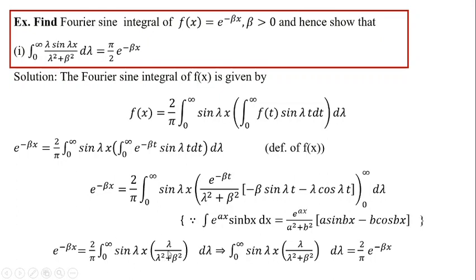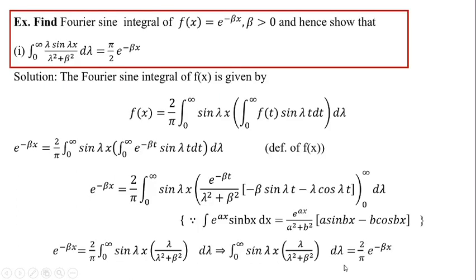This you can see. Right, now what we will do next, just multiply by pi by 2 on both sides, so you will get this as equal to, here it should be pi by 2, please note the correction, this must be pi by 2. Okay, so this we have obtained.